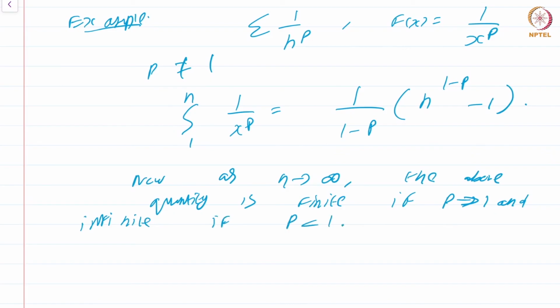Okay, that immediately gives that when p is greater than 1, the series converges by the integral test, and when p is less than 1, we immediately get that the series diverges. Of course, for the p equal to 1 case, we have to do a special argument which we have already done in an earlier chapter to show that the series summation 1 by n diverges. So we were able to show that summation 1 by n power p, except the p equal to 1 case, whether it converges or diverges, pretty easily using the integral test.